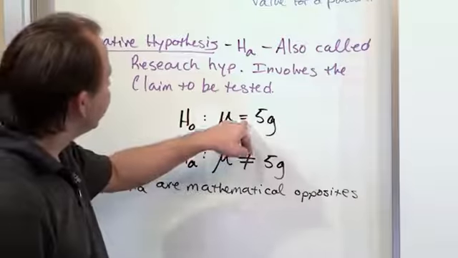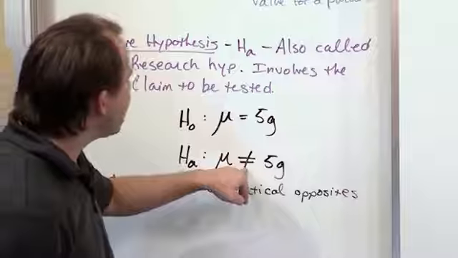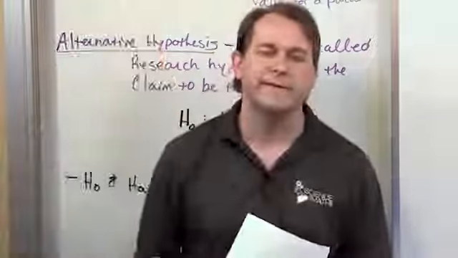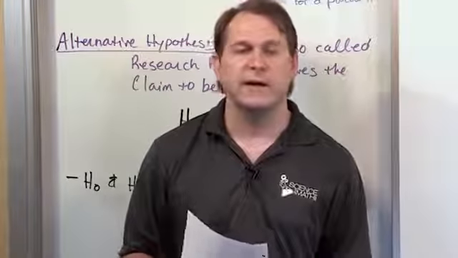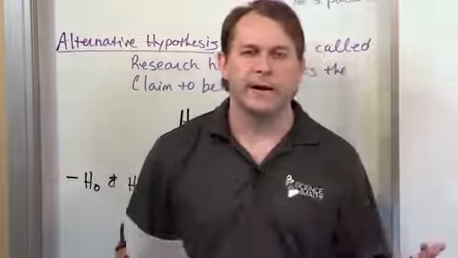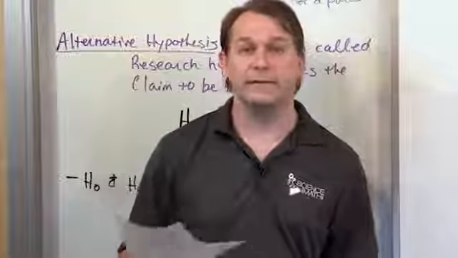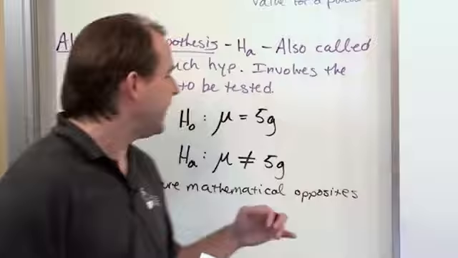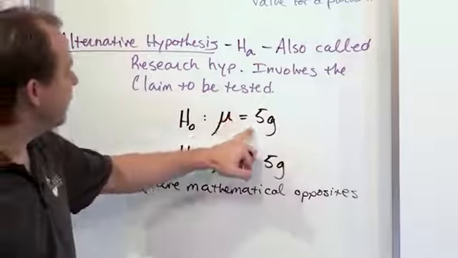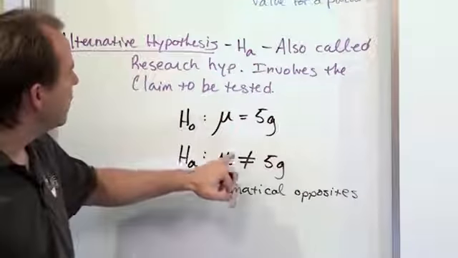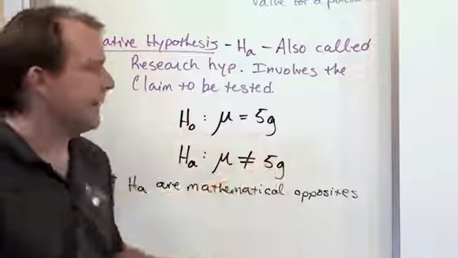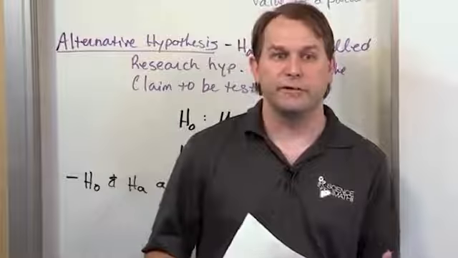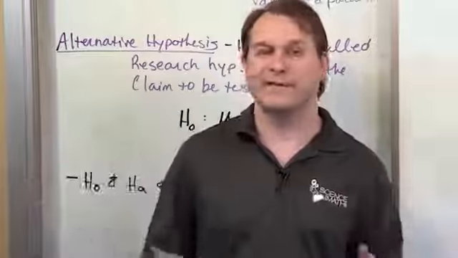This one says that it's equal to 5. This one's saying it's not equal to 5. For all of these hypothesis tests that we're going to do in this class, the null and alternative hypothesis, they're always going to be mathematical opposites of one another. In some cases, we'll have a less than sign here for the null. Well, then that means the alternative has to be greater than, because basically the alternative is going to be whatever the null hypothesis is not.